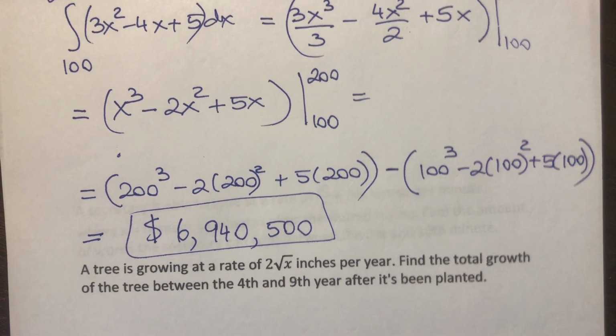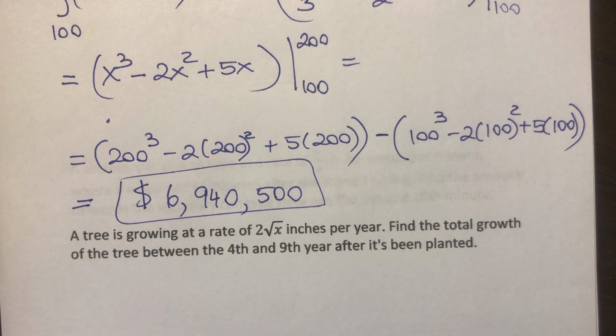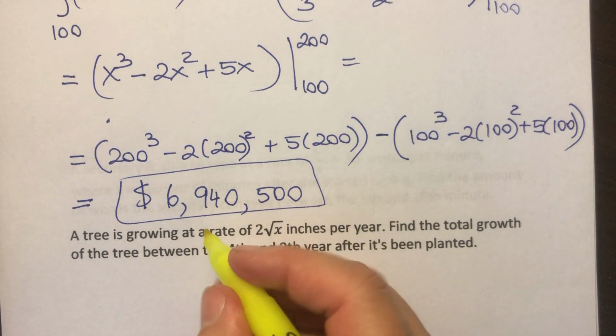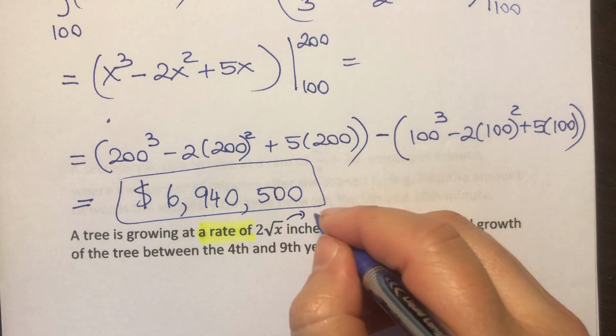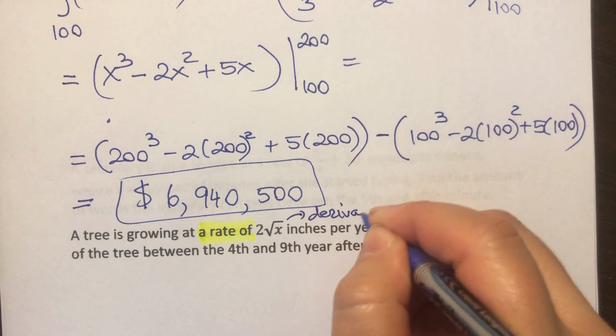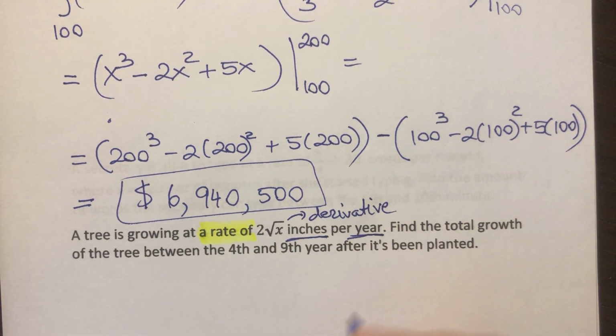All right. So let's try another one. It says, a tree is growing at a rate of, and there's your first clue, the rate. I'm giving you the rate. In other words, if I'm giving you the rate, I'm giving you the derivative. And you also know it's a rate because it's inches per year, right?